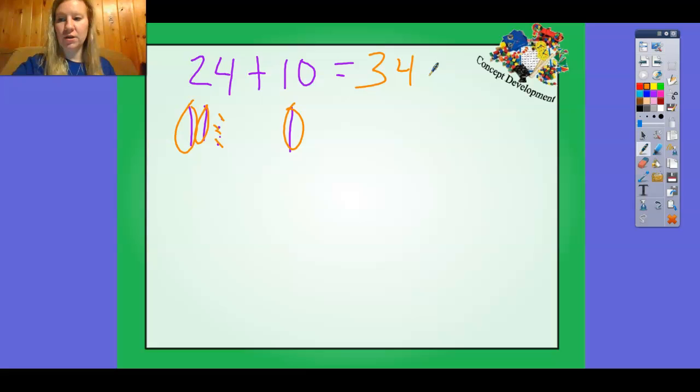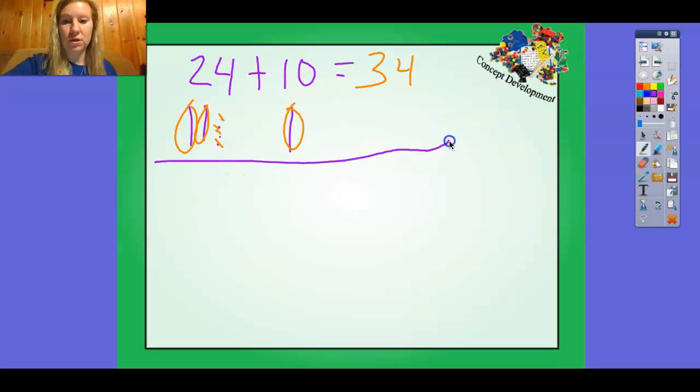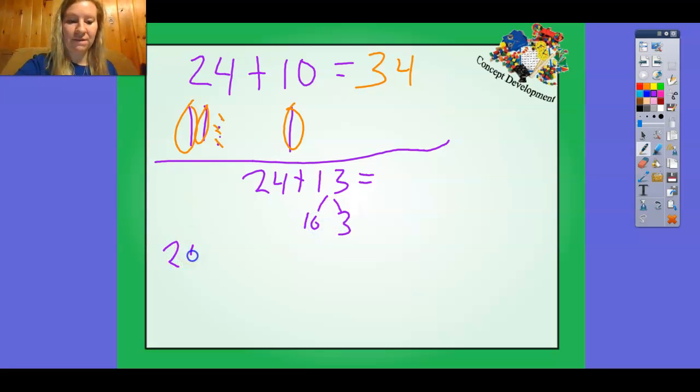Now if we do another problem, let me draw a line here, 24 plus 13. So instead of 10, we're making 13. One way we could do this is we could break our 13 into a 10 and a 3. And we know that 24 plus 10, we set it up here, equals 34.